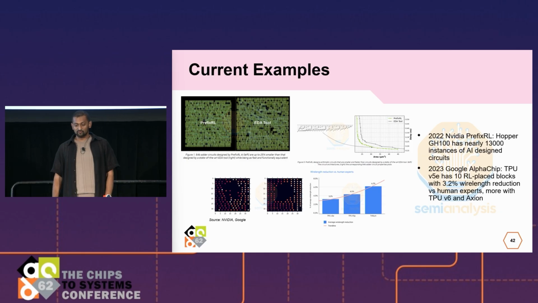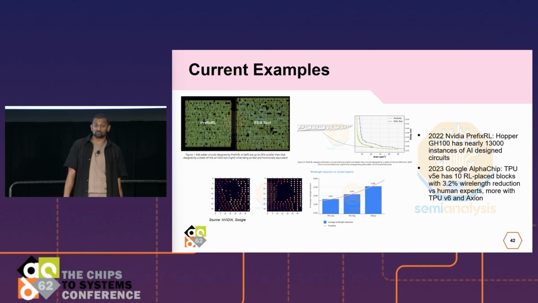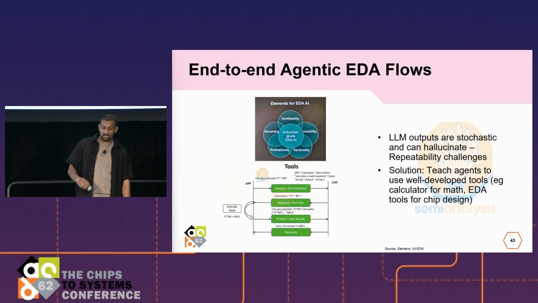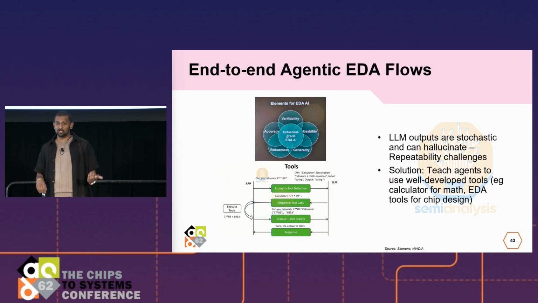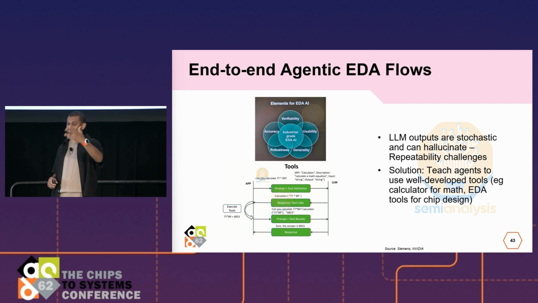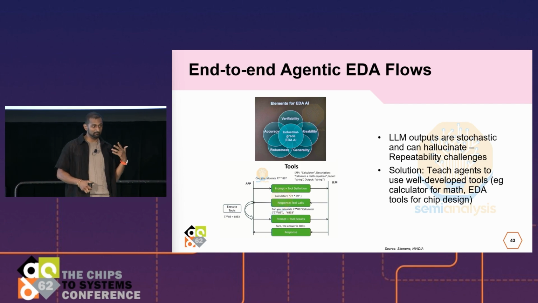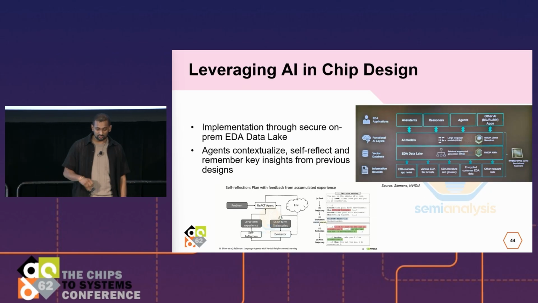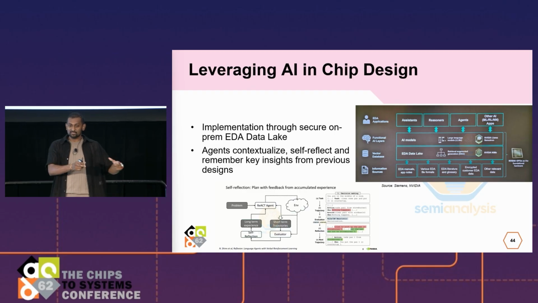And then NVIDIA's Grace Hopper, they talked about how they had 13,000 AI-assisted chip design circuits. There are various agentic EDA workflows where people are creating their verification or test via with AI. There's all sorts of things with regards to contacting across a massive organization, because teams are very disparate.